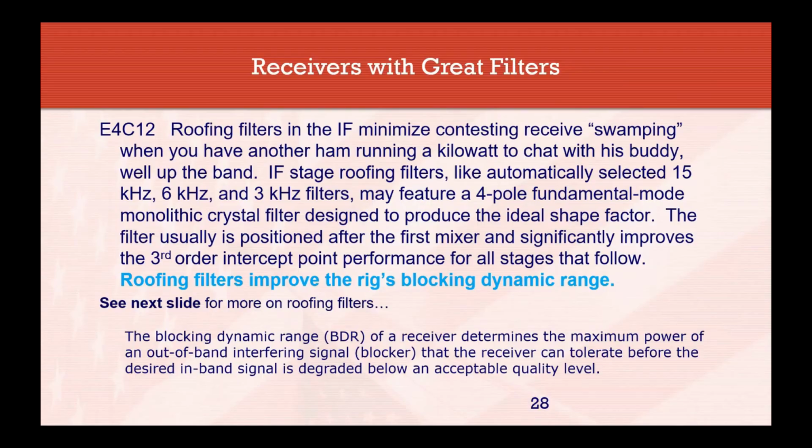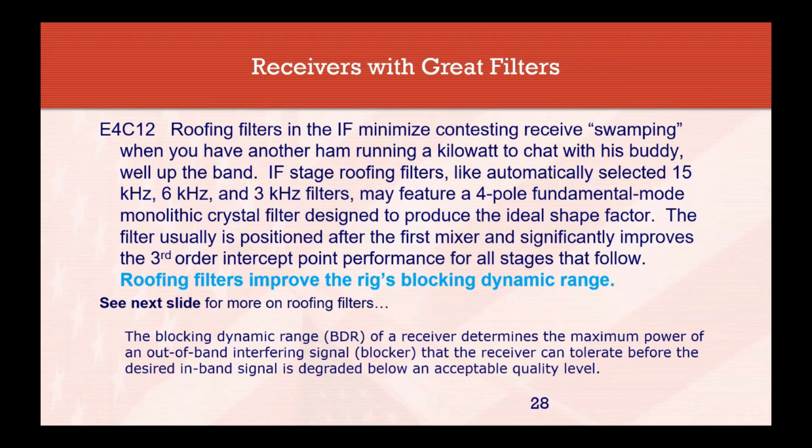IF stage roofing filters, oftentimes like 15 kilohertz, 6 kilohertz, 3 kilohertz, that's the passband that they're passing, will kick in. Feature a 4-pole fundamental mode monolithic crystal filter. There's a mouthful. The 4-pole just means 4 ports or 4 possibilities of the way it can filter it, to give you the best shape factors, so you get the cutoffs where you want them, and you cut him off basically while still receiving the signal that you're looking for.